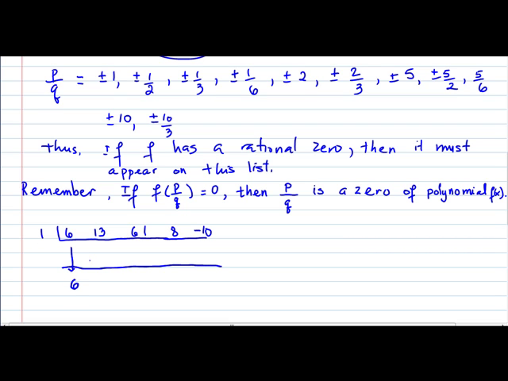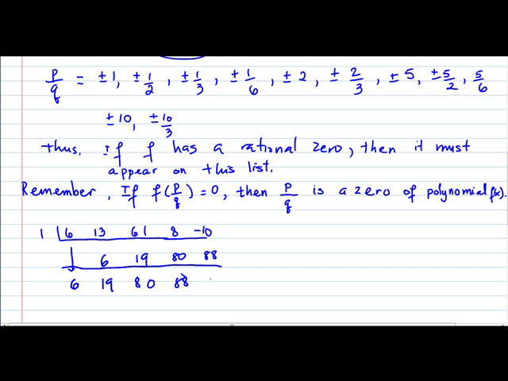Take 1 times 6 is 6. 13 plus 6 is 19. Then 1 times 19 is 19. 61 plus 19 is 80. 1 times 80 is 80. 8 plus 80 is 88. 1 times 88 is 88.